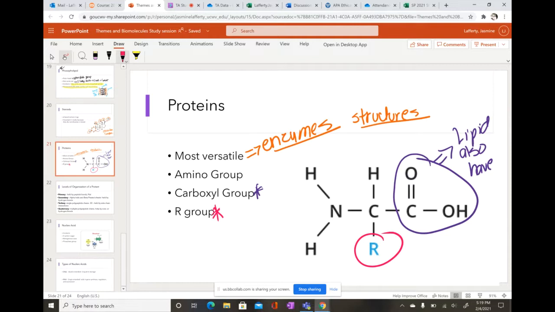You don't have to memorize them. Just know that they are there. And the R group is what differs. Because every single protein is going to have a carboxyl group, an amino group, which we'll get to in a second, and this hydrogen. What differs is the R group.